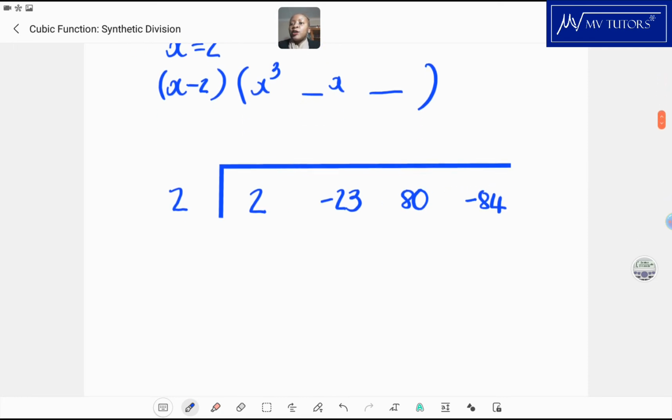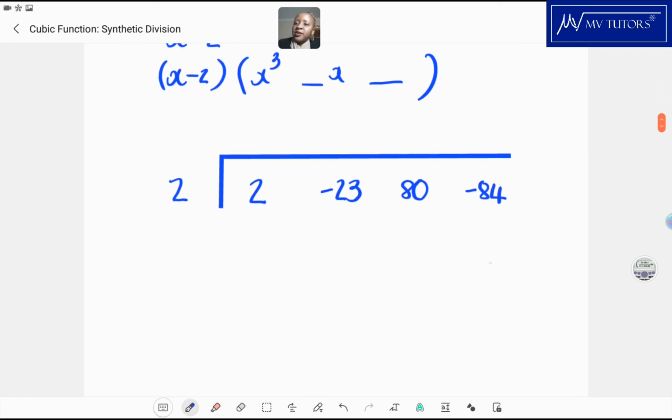First and foremost, the first value, you drop it down. So we have 2. Then 2 times 2 gives me 4. Then negative 23 plus 4 gives me negative 19.